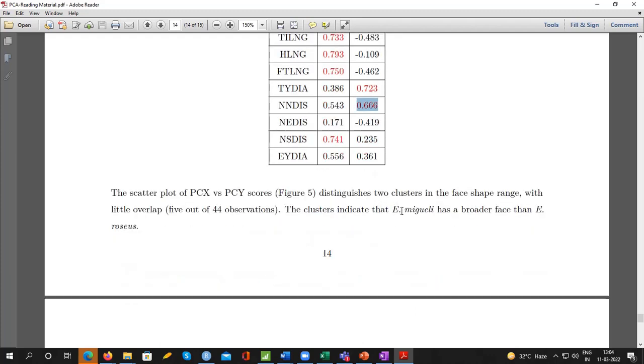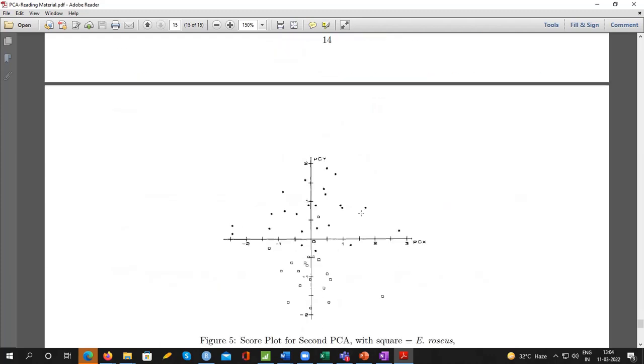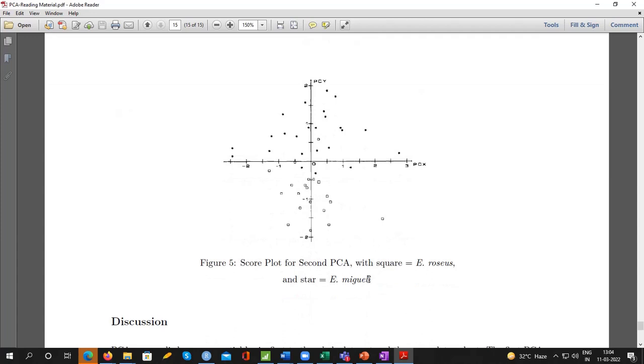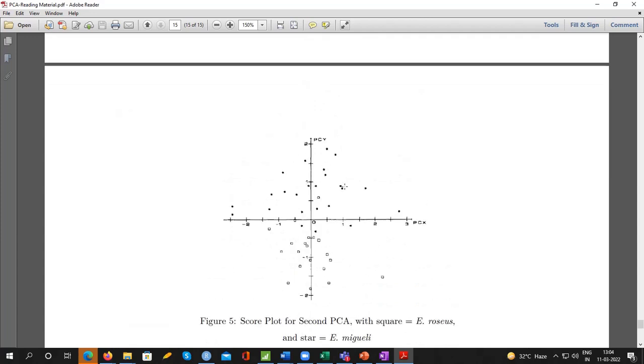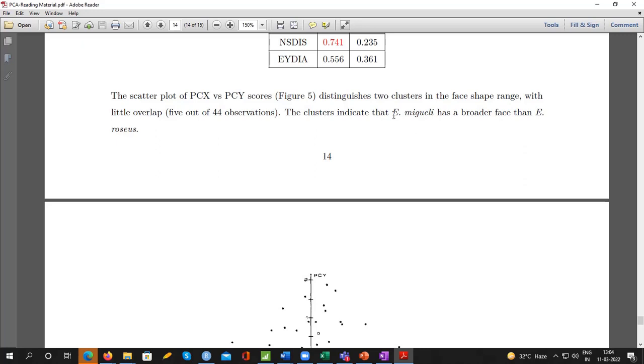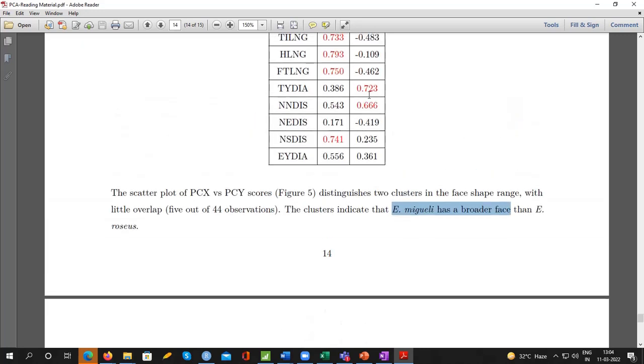So this indicates that now the star is E Migueli. E Migueli has positive values on the second PC. So it indicates that E Migueli has a broader face, because these are only facial measurements. So E Migueli has a broader face than E Roseus.